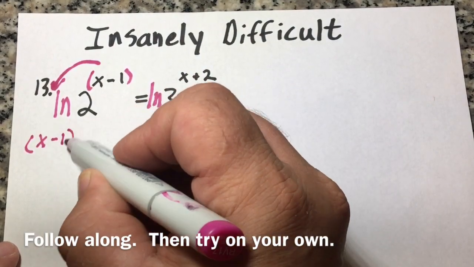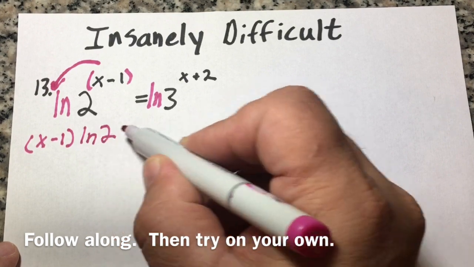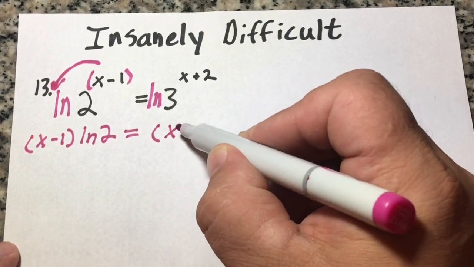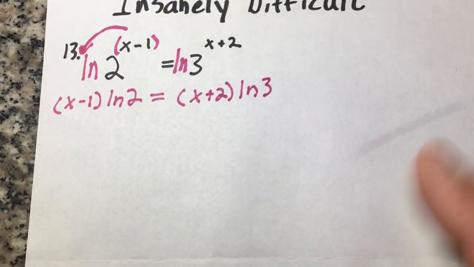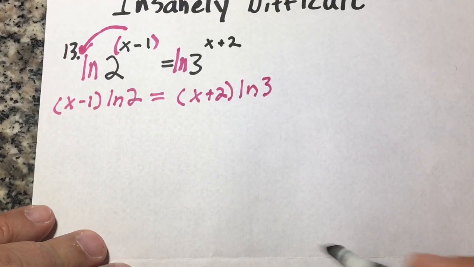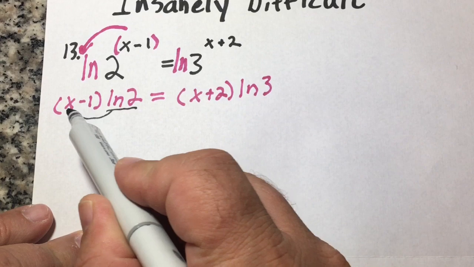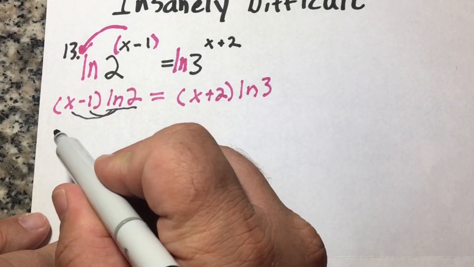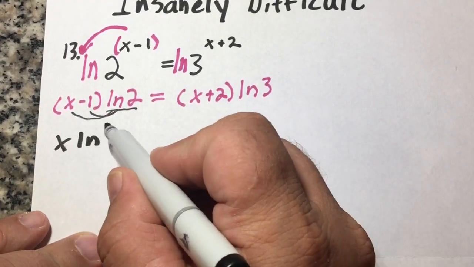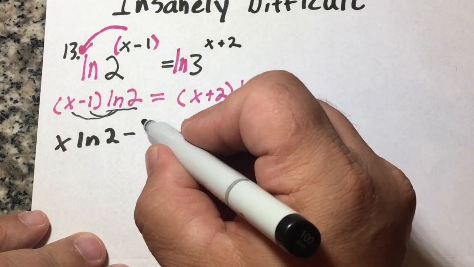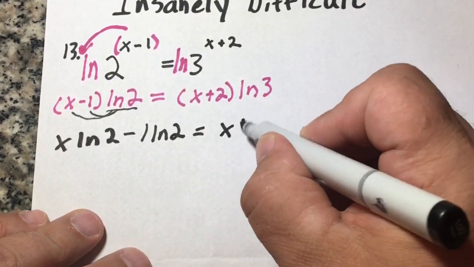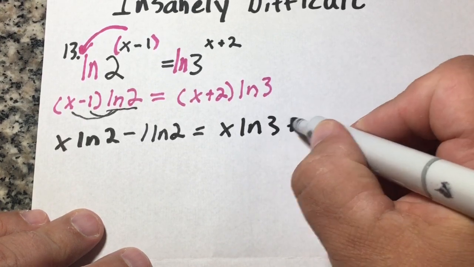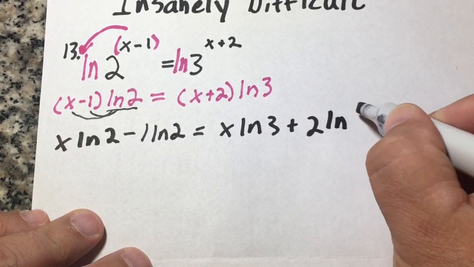x minus 1 ln of 2 equals x plus 2 times ln of 3. I have to continue. I'm going to distribute the ln2 across the x minus 1. So that's going to give me x ln2 minus 1 ln2 equals x ln3 plus 2 ln3.